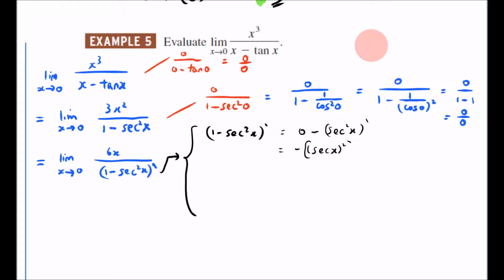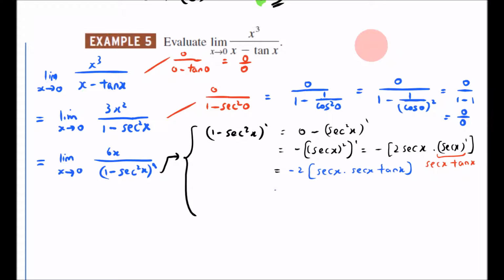So when you differentiate, you get minus 2 secant x times secant x prime. Now secant x prime, when you differentiate secant, you get secant x tangent x. Okay, so here you should write minus 2, you can take out, secant x times secant x tangent x.